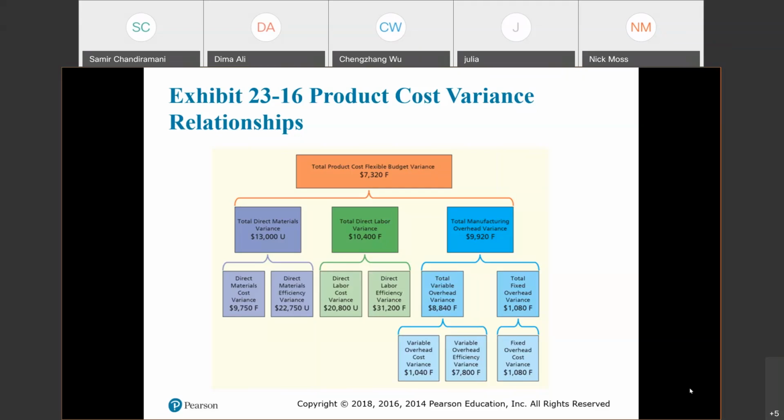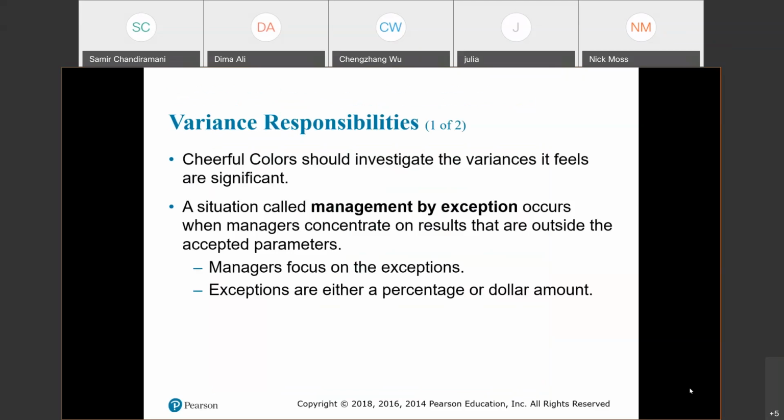The allocation causes overallocation or underallocation of fixed manufacturing overheads. All right, now that all the variances are summarized, the company can investigate the variances it feels are important.